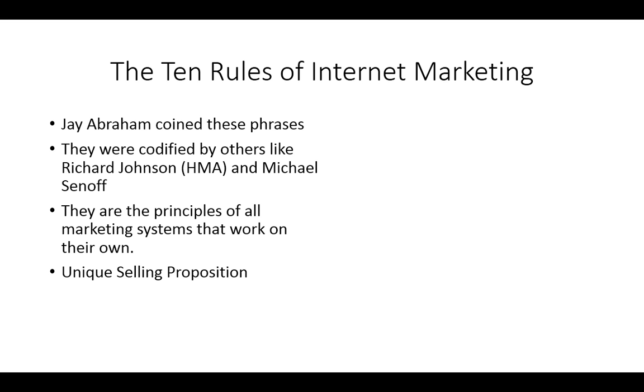It should also be something that someone wants. Your USP doesn't matter if it's something that's unique, but no one wants what is unique. So you need to have something that's unique to the marketplace, that they can't get anyplace else, and it should be something that people actually care about, something that people want. That's what unique selling proposition is.